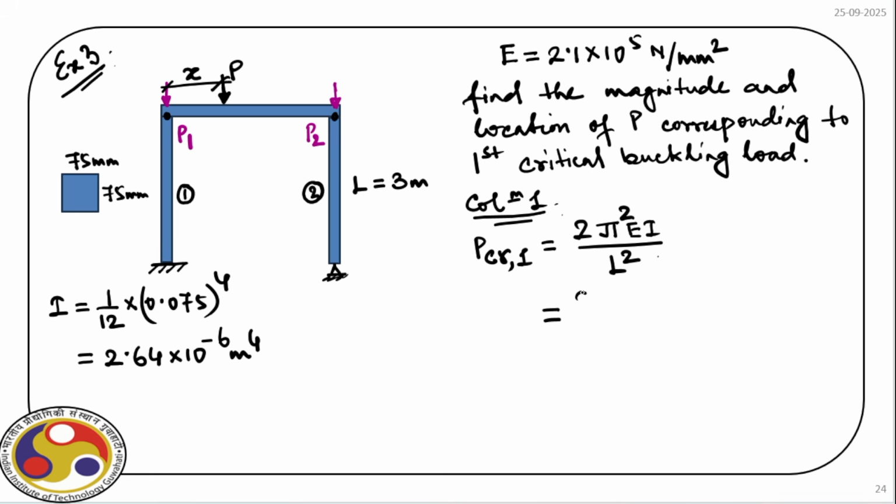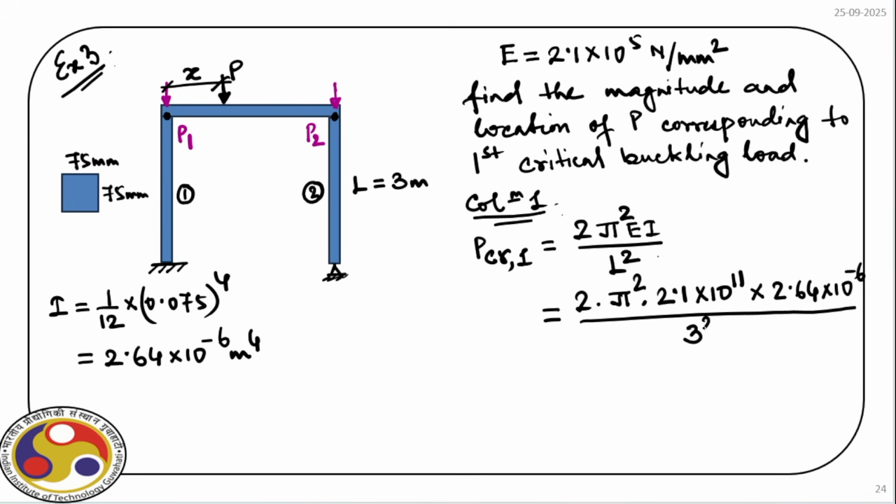So we have 2 times pi square times 2.1 into 10 to the power 5 Newton per millimeter square. So that will be 10 to the power 11 Newton per meter square times 2.64 into 10 to the power minus 6 divided by L square, so that is 3 square.